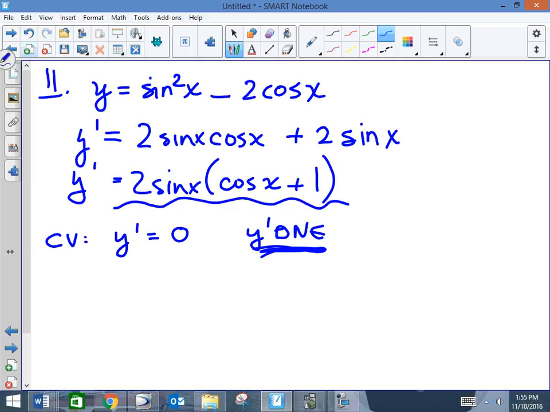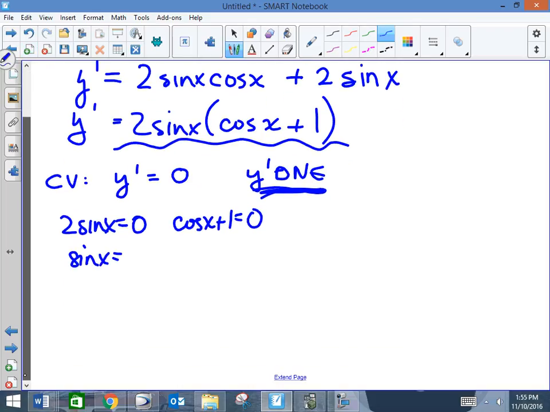Set the factors equal to 0. 2 sine of x equals 0. Where does sine of x equal 0? 0 and pi, and 2 pi, and 3 pi, and so on.